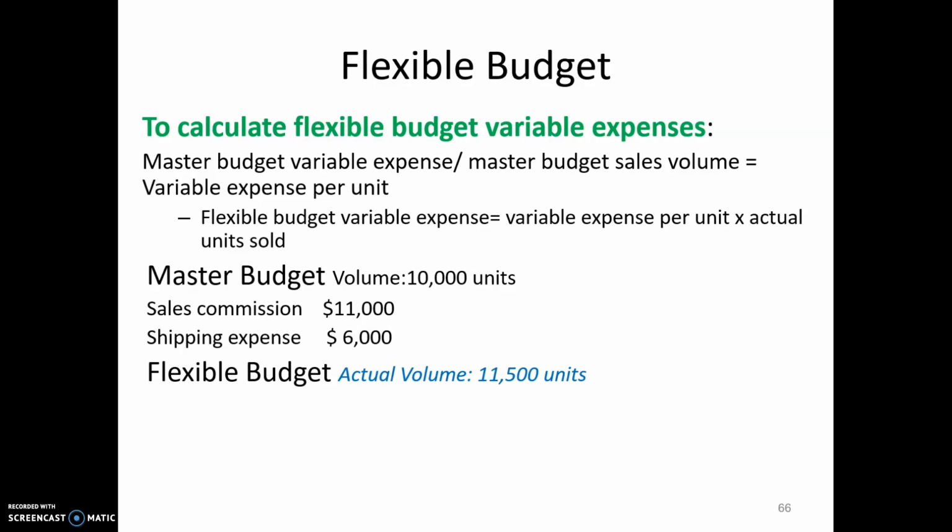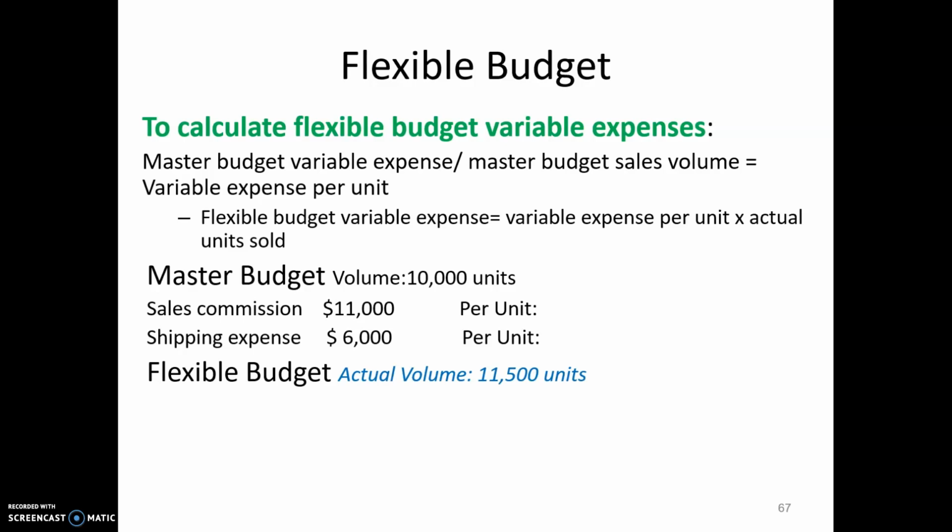Again, our master budget was based on a sales volume of 10,000, and it shows sales commission of 11,000 and shipping expense of 6,000. So what will we show for sales commission and shipping expense on the flexible budget based on the actual volume of 11,500 units? Well, we need the per unit amounts.